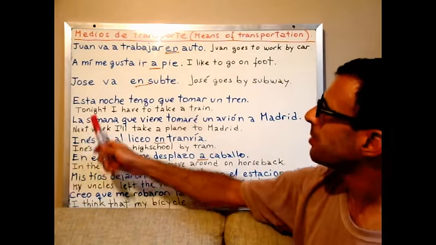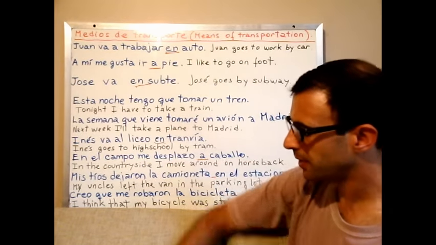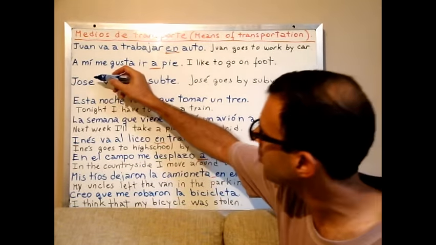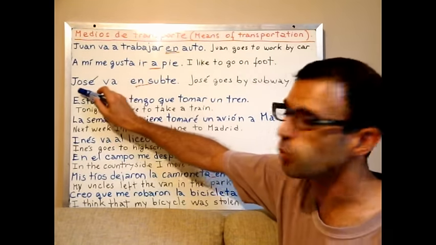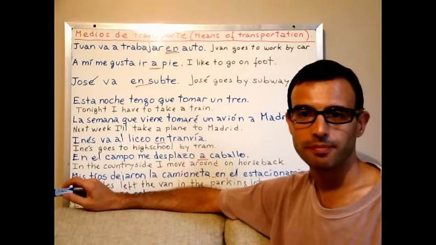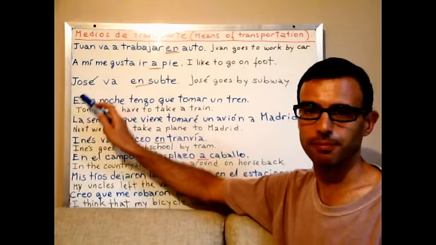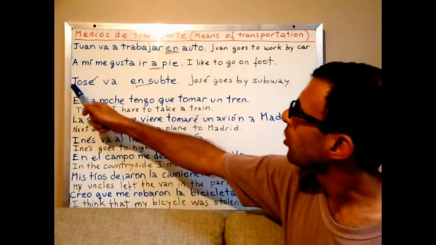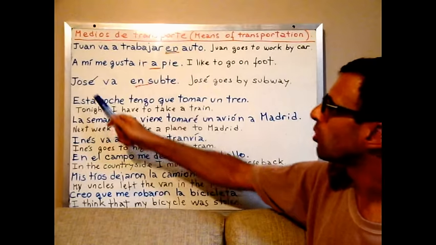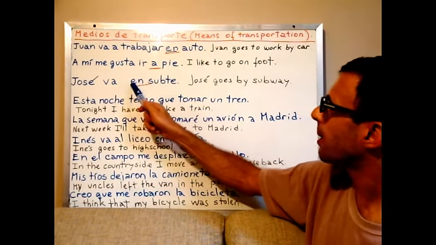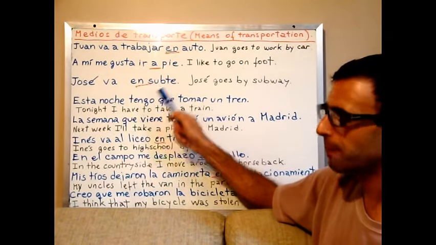Our third example is José, and I forgot the tilde for José. Without that tilde, the word would read José, but the name is José, okay? José va en subte. José goes by subway.